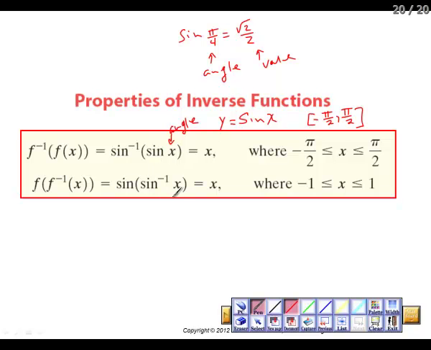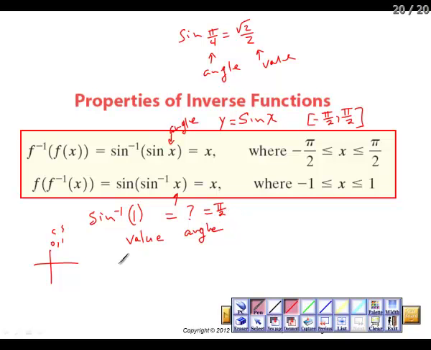Alright, now here we're given the value. So for inverse sine of, let's say, 1, here you're given the value, and you are looking for the angle. Alright, and so sine is going to be 1 at pi over 2.